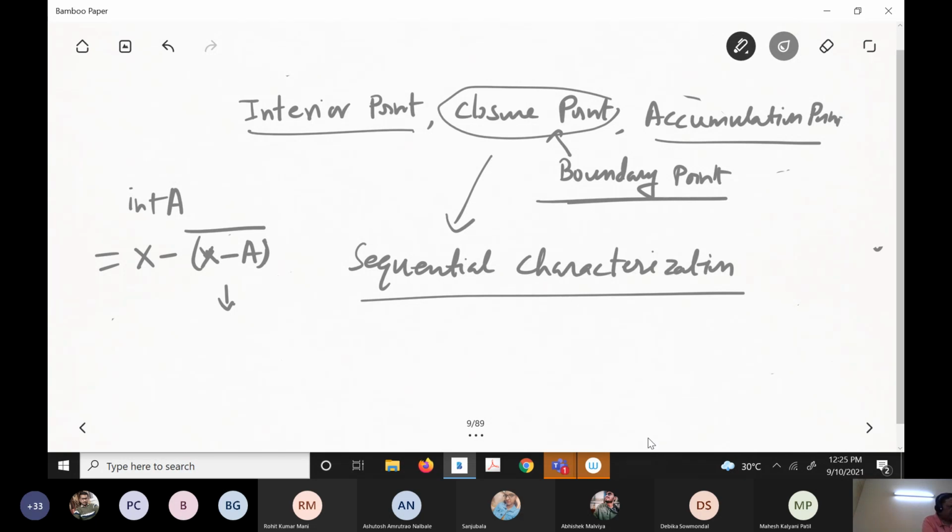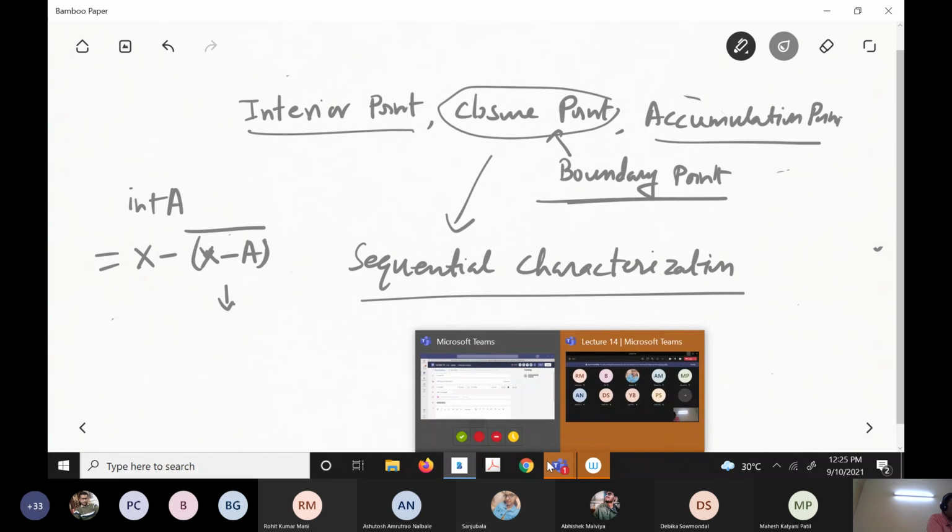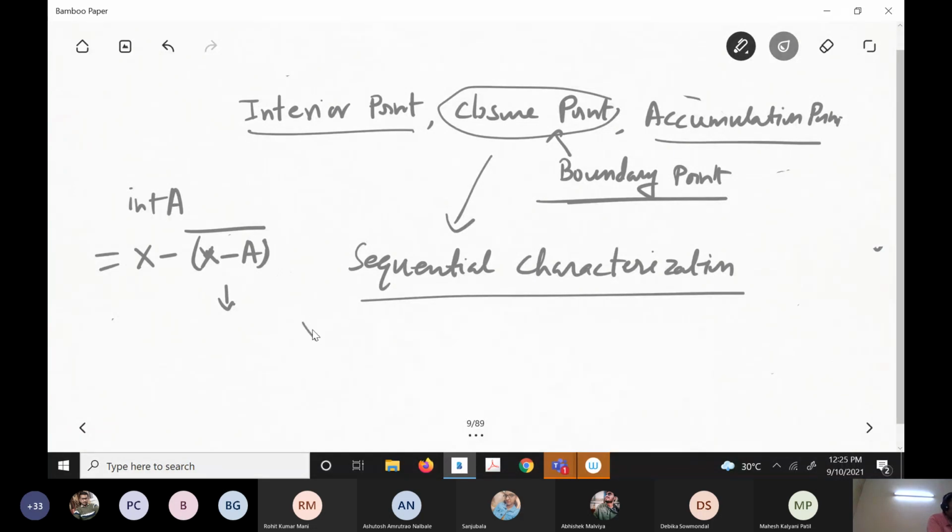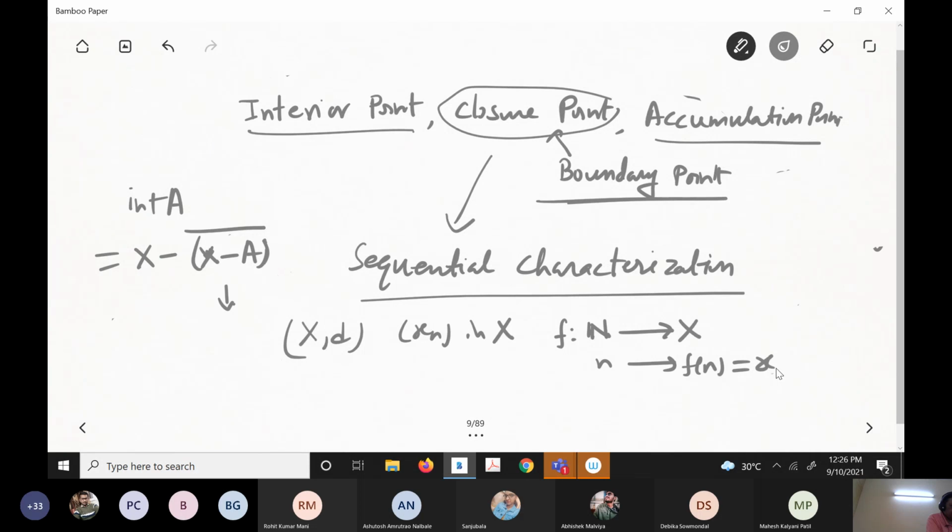So we'll prefer, in a metric space, it is possible. But most of the concepts you can handle through sequences. Sequence is not a problem. If you have a metric space X, I told you that a sequence in X is nothing but a function from N to X. The function that I already told you, f(n), is denoted by xn.